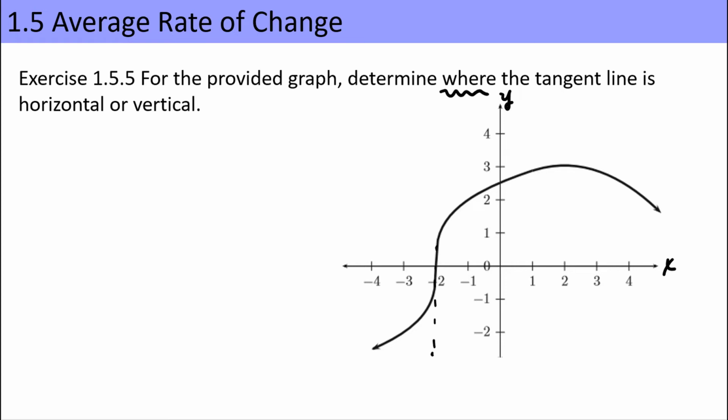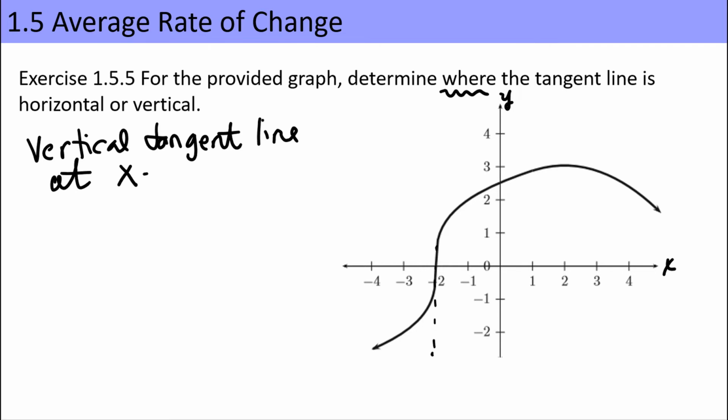So we're looking for x values where the tangent line is horizontal or vertical. Let's begin with vertical tangent line. Occurs at x equals some value. Looking at this graph, we see that the graph of the function vertically intersects the negative x-axis at x equals -2.